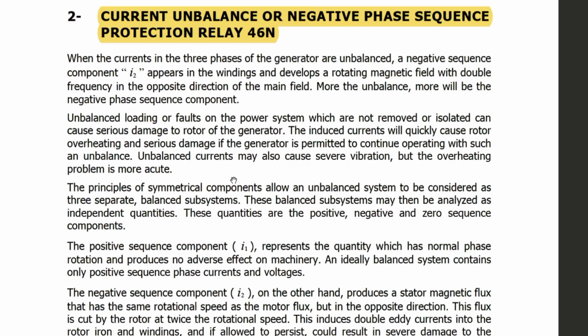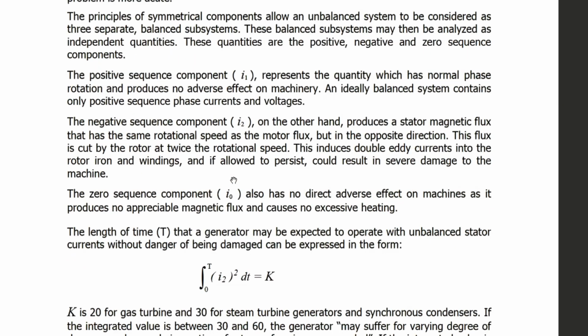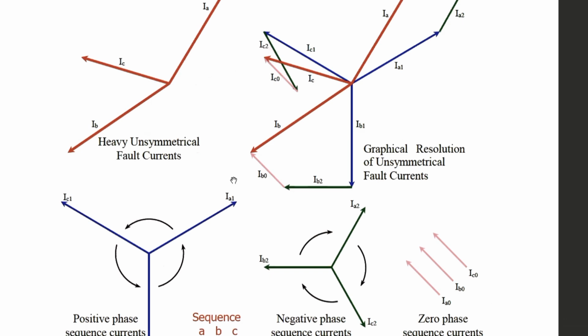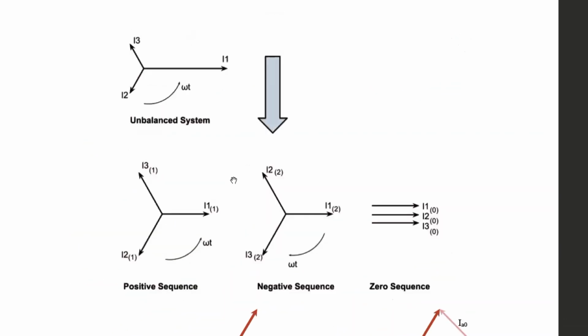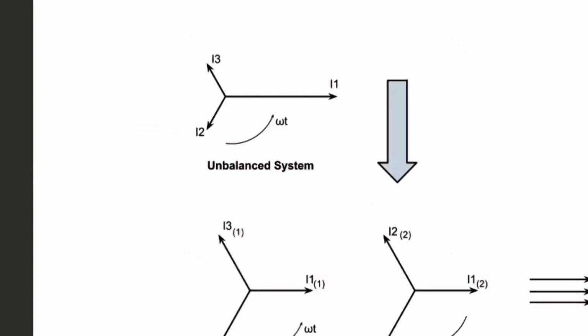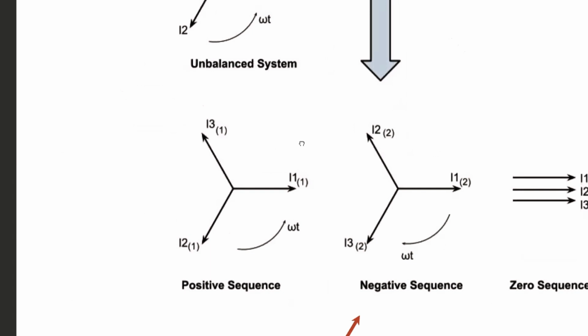Okay, so through this negative phase sequence current, what is the negative phase sequence? What will happen? For example, these are the phases I1, I2, and I3. If due to any reason the magnitude of I1 has increased, then we will resolve these into three different components.